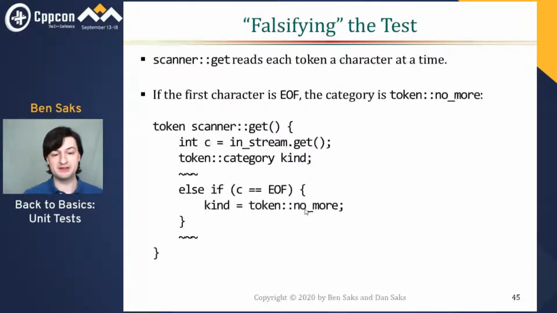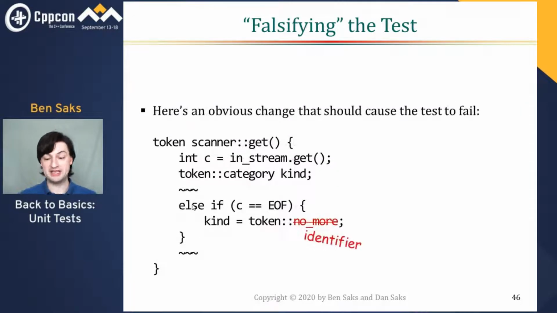Okay, so the get function for the scanner reads each token a character at a time. If the first character is EOF, that's how we know that we have no more tokens. So inside the get function, if it sees that that character is EOF, it assigns no more as the right category for this token.